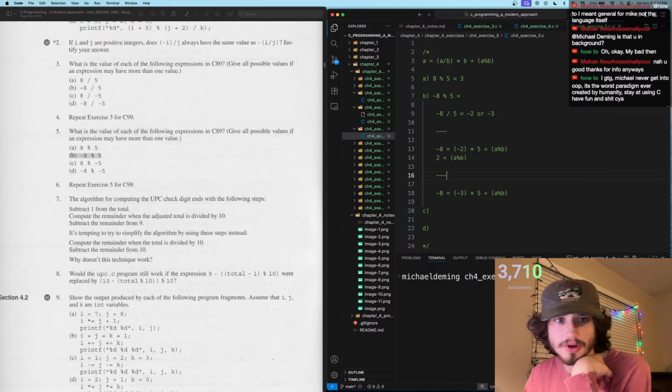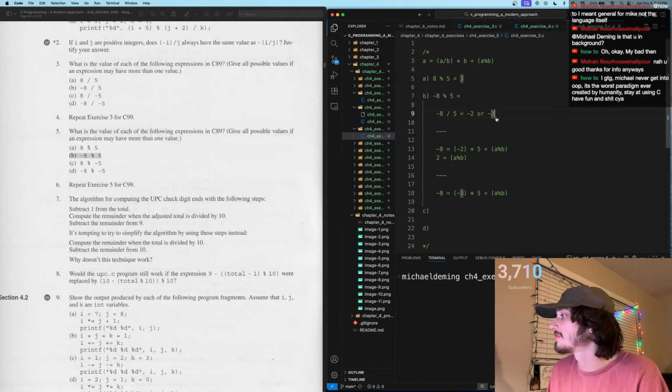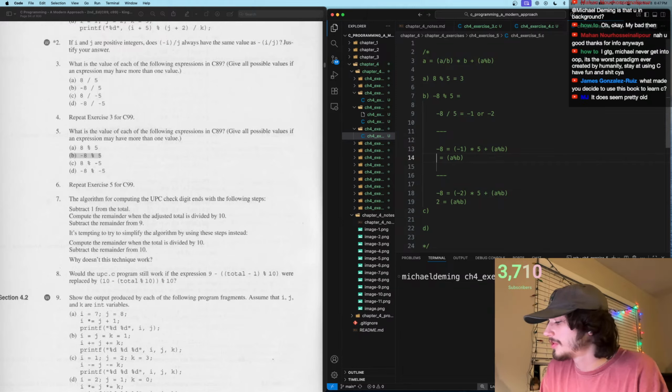So in one case, I have the first part wrong. It's 1.6, not 2.6. That's my bad. So it'd be negative 1 or negative 2. So we do negative 1 here, negative 2. That would give us 2 is equal to a modulo b here. And then in this case, negative 5, negative 3.